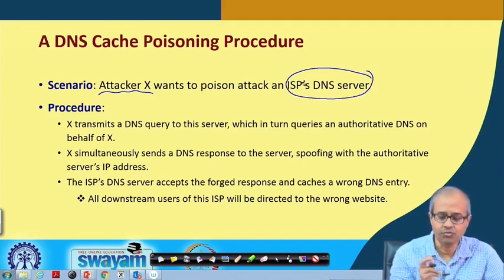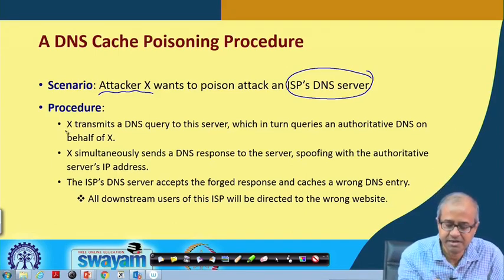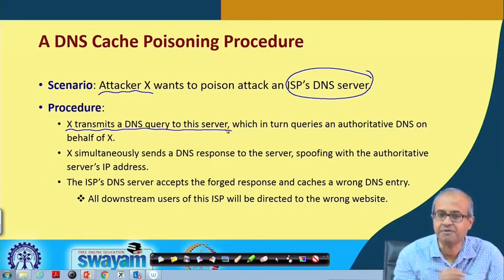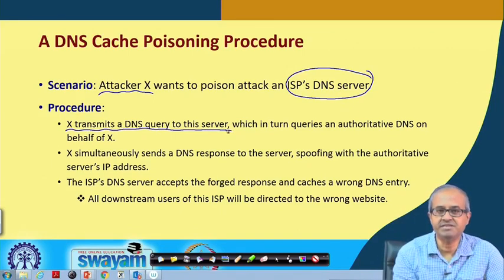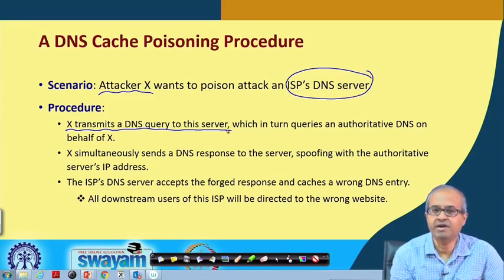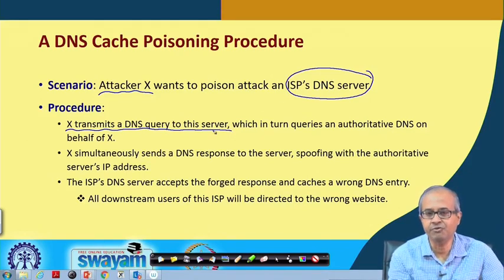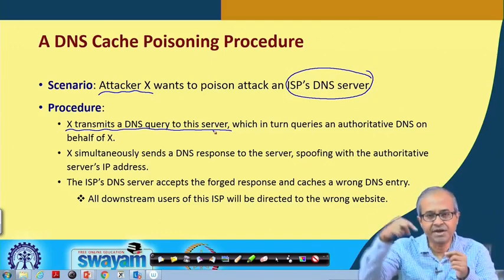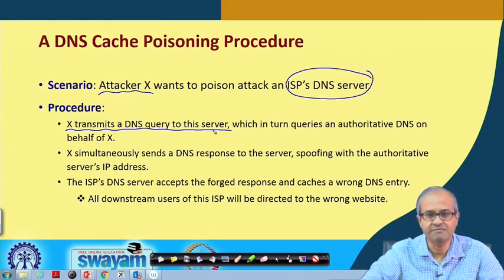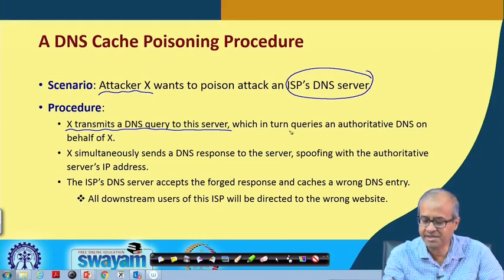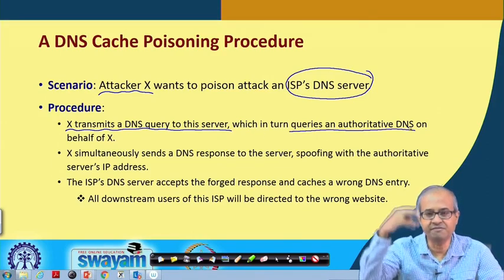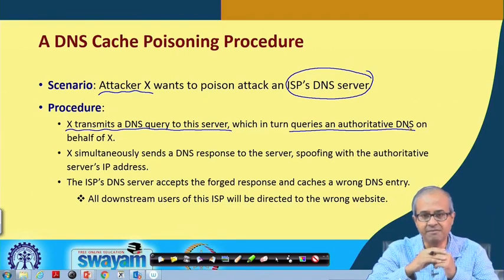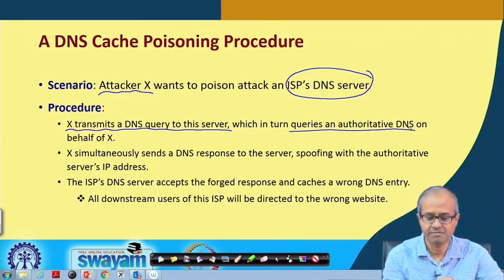So, what X can do is transmit a DNS query to this server. It will send a request that I want the IP address of SBI.in, State Bank of India. So, if the ISP's DNS server does not have the information, it will ask the next higher level server for the information. It will in turn query some authoritative DNS server at a higher level to get back the response.